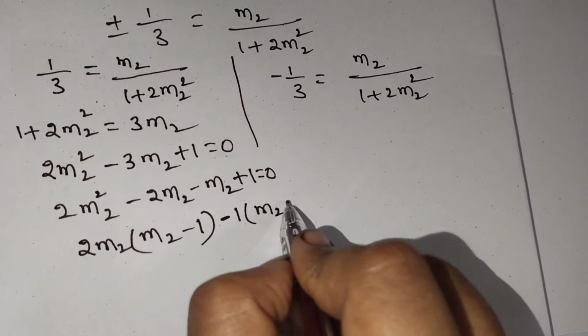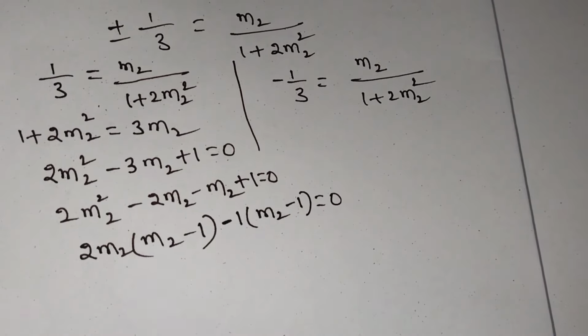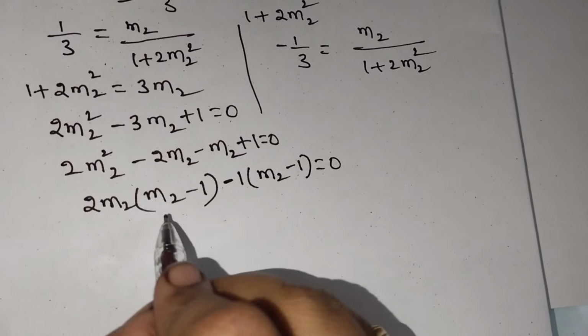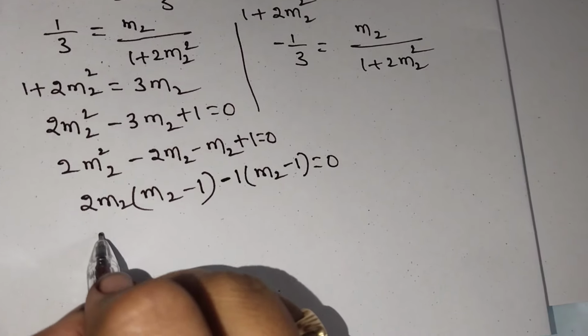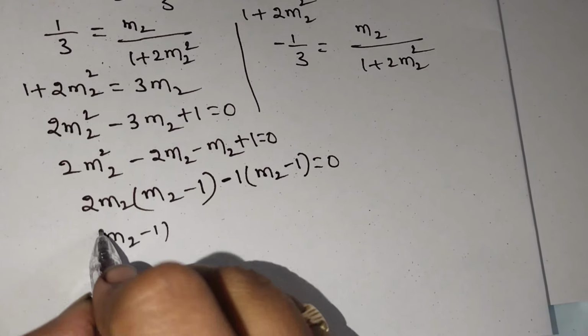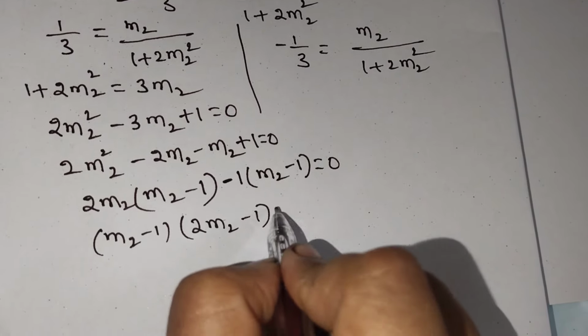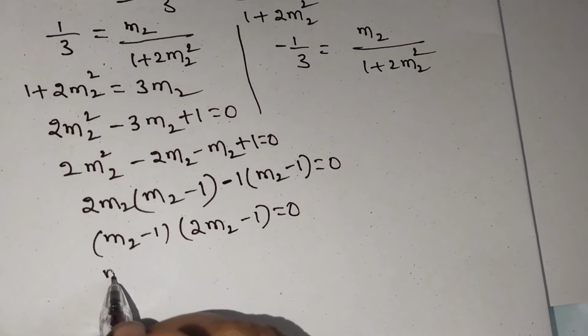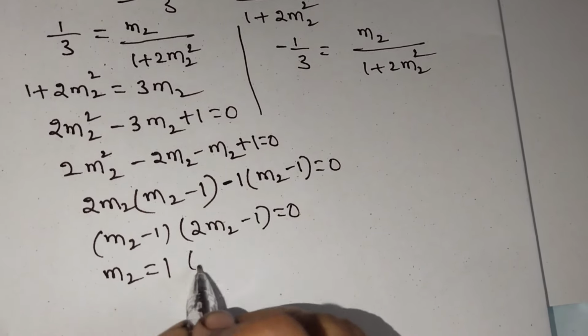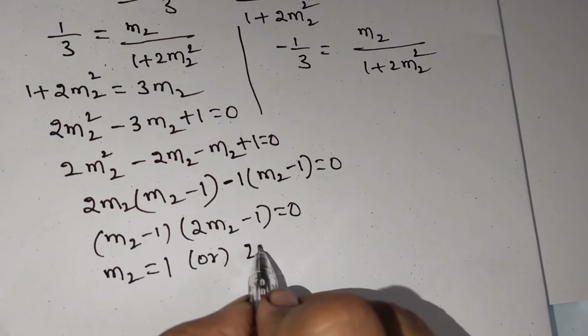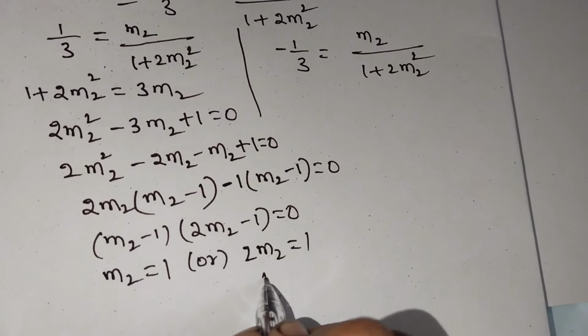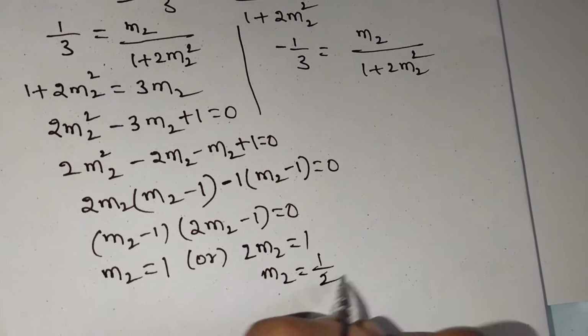We get m2 minus 1. So here again the common factor is m2 minus 1. Take m2 minus 1 common. Remaining is 2m2 minus 1. So again we get two values for m2. One is 1. Another one is 2m2 is equal to 1, then m2 is equal to 1 by 2.